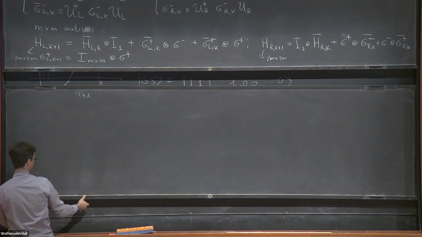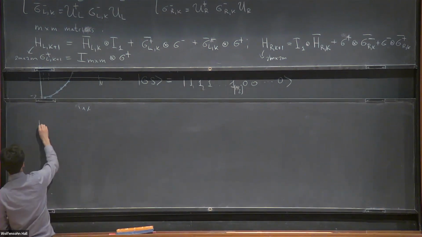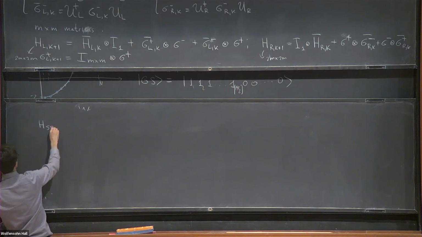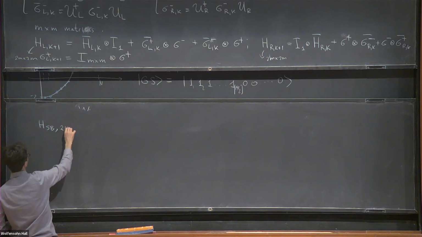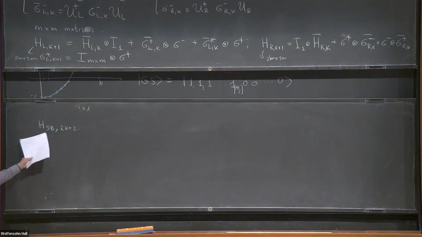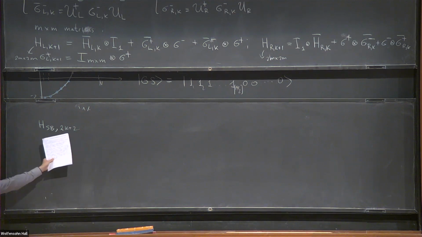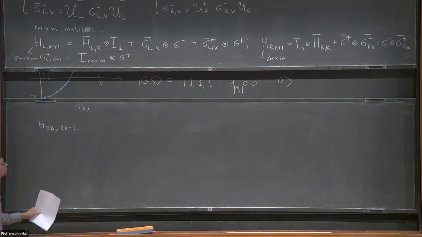So just repeat what I already did, but now with truncated blocks. Now I can build a superblock which should correspond to a chain of 2k plus 2 sites.